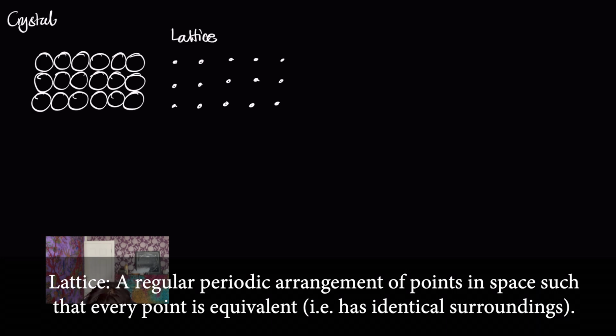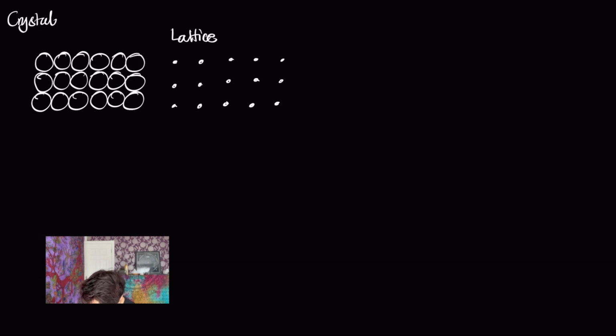So you have your array of lattice points in space, and then you have an atom right here, which is attached to one lattice point right here to generate the crystal. And it doesn't necessarily have to be an atom, it could actually be a molecule right here. So you could in fact have a molecule that is repeated throughout space.